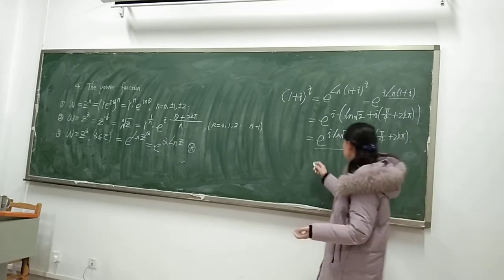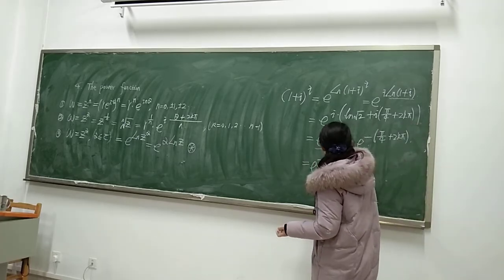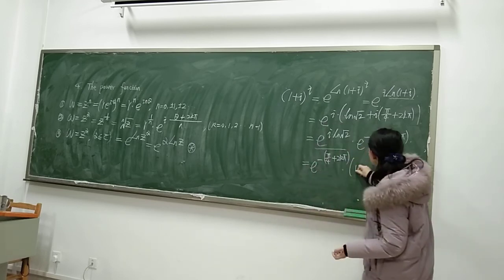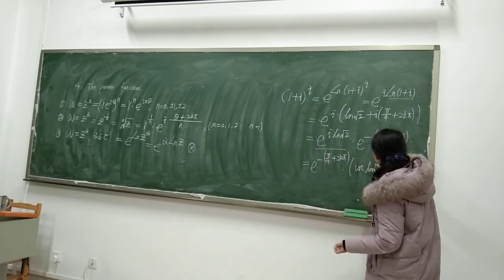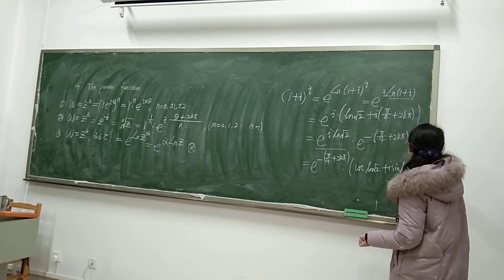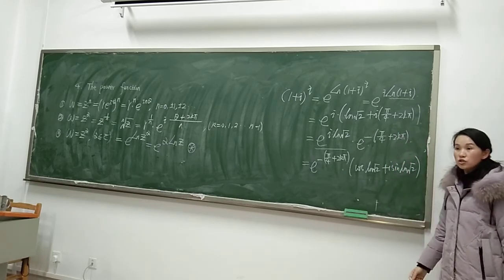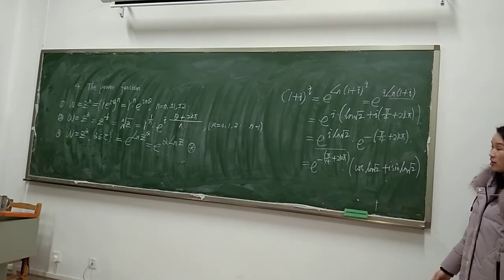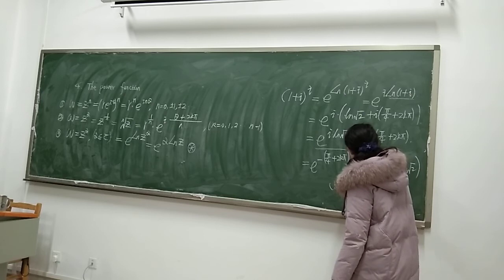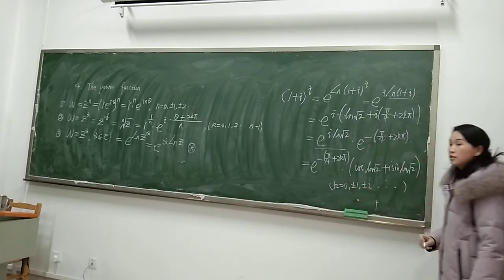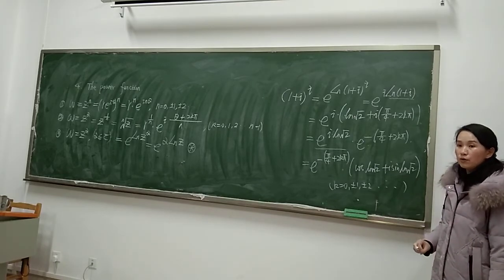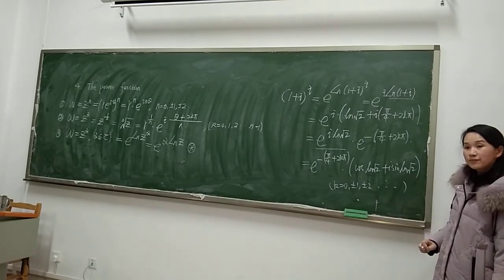You can write this is the real number, this is cosine of ln this one plus i sin of ln this one. Okay. Continue. Finish. And this k can be 0 and so on. So there are many values for this number. Do you understand?